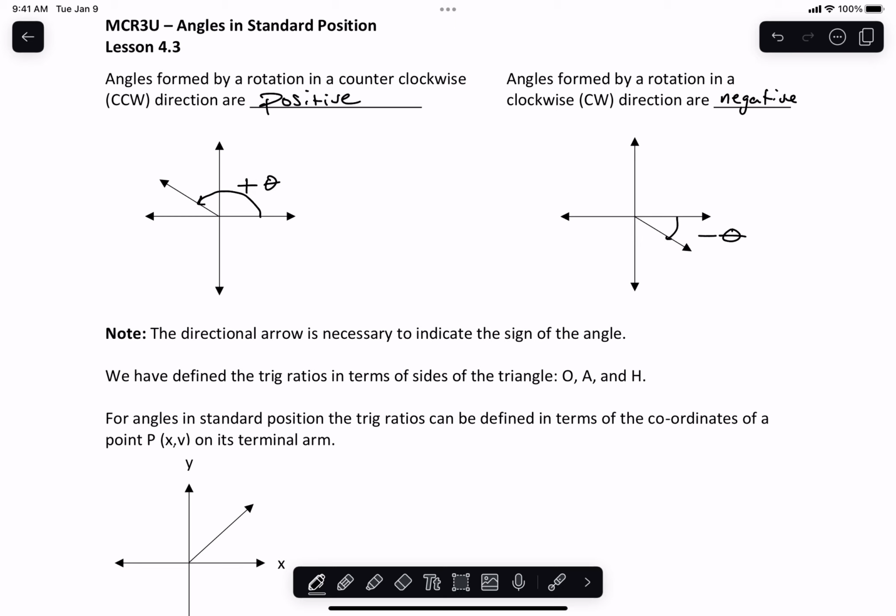The directional arrow is important on these, because it's indicating which direction you've gone. You don't necessarily end up in a different spot, but let's say this is negative 30 degrees. Numerically it'll still work out, and what is cool is if you did the trig ratios for this, that's positive 330.